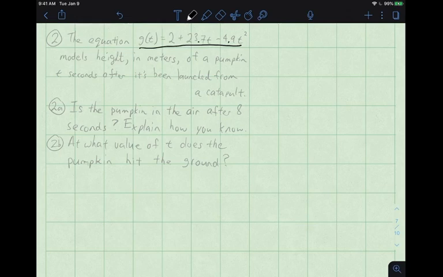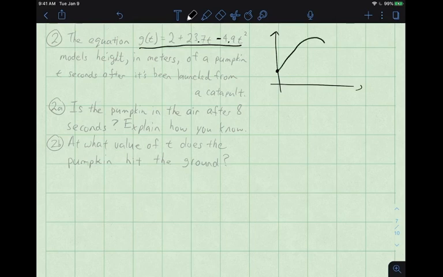So in question A, it says, is the pumpkin in the air after 8 seconds? As I look at this equation, we can sketch a little graph again, seeing that the a value here is negative. It starts 2 meters up in the air, so the guy's probably holding it, or that's how high up it is in the catapult.